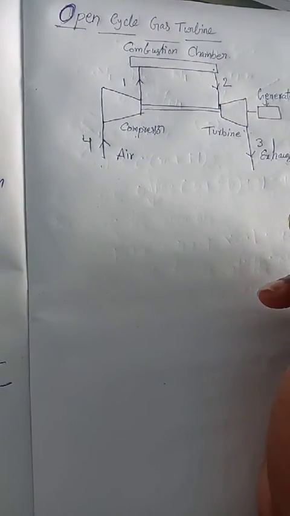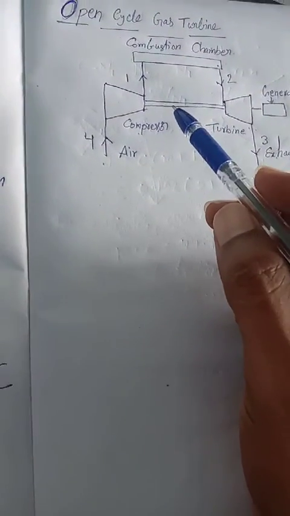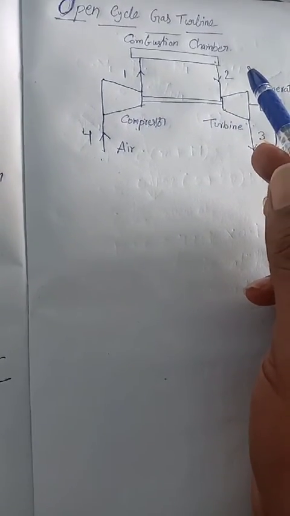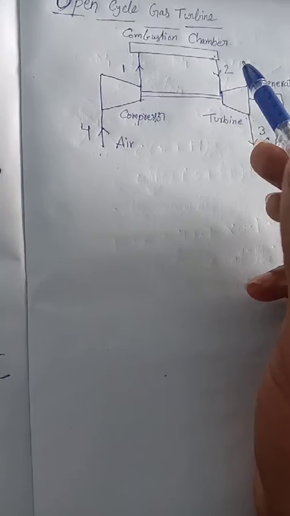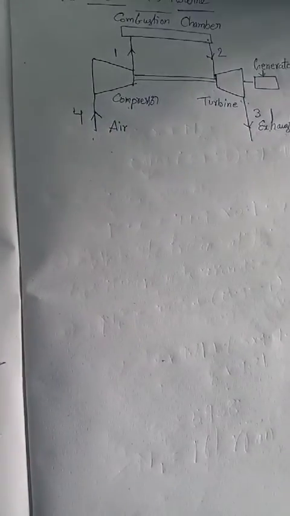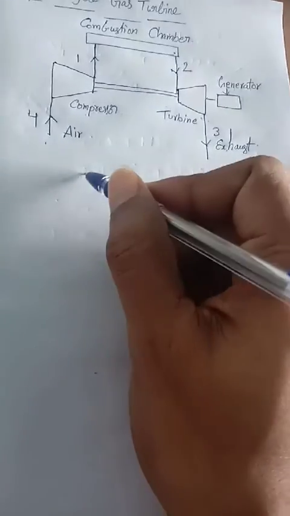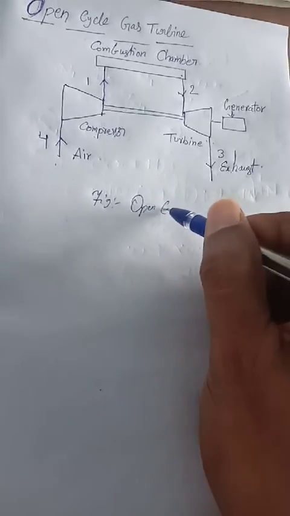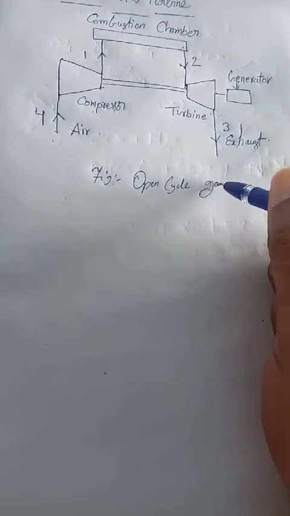This turbine also works on the Joule cycle. The relations of work done of the compressor and turbine are the same as those of the closed cycle gas turbine. Okay, now here we are going to see the figure, which is called the open cycle gas turbine.